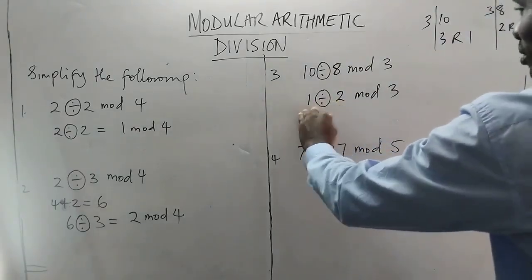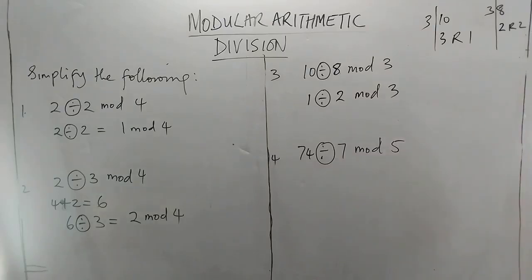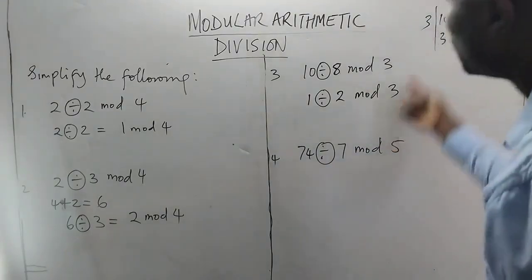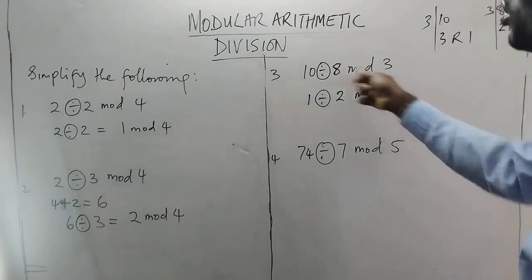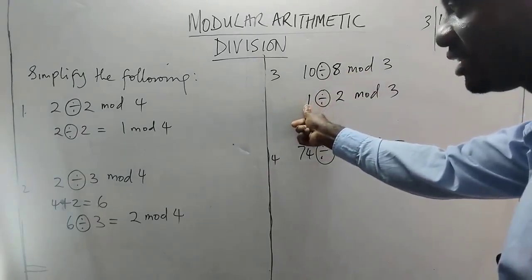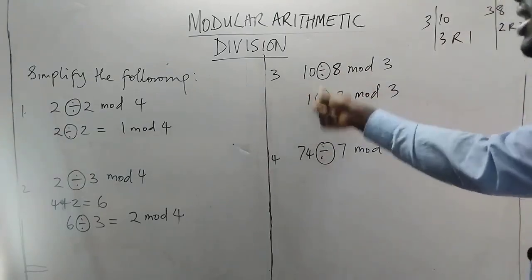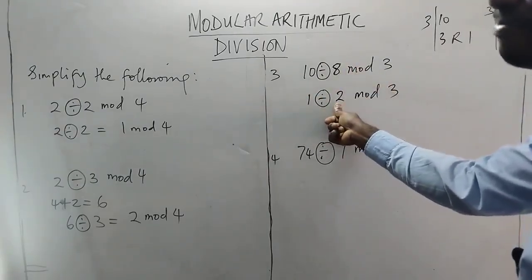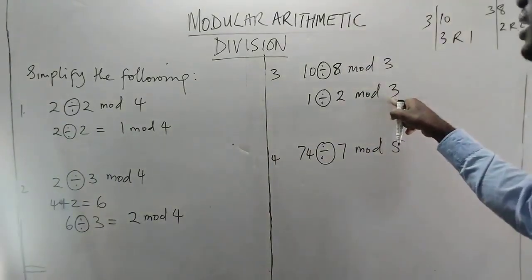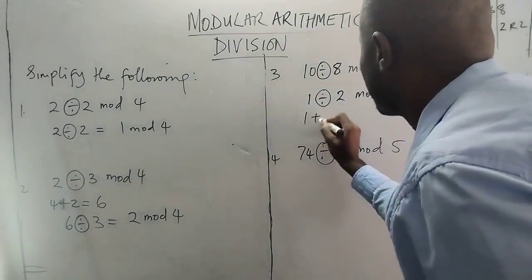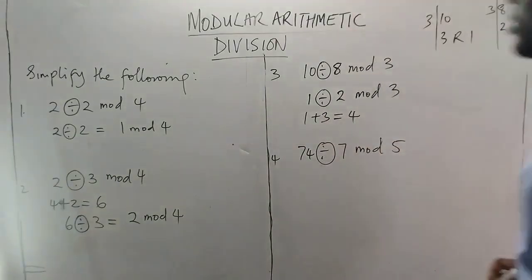The two numbers are now at the level they should be, but still the division cannot take place. You will now look for multiples of the mod which you can add to this one to get a number that is divisible by 2. Let's do the first one. The first multiple is 3. 1 plus 3 will give you 4.